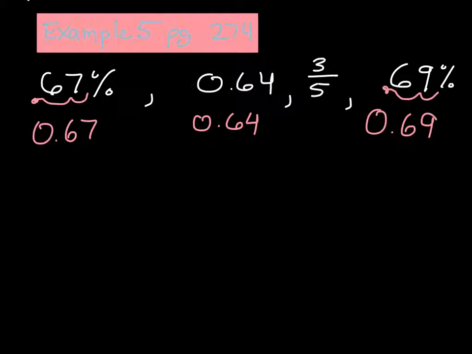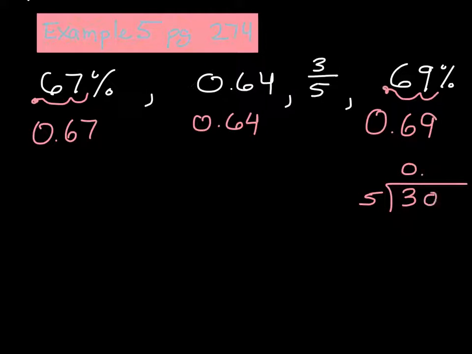So now we're left with our 3/5. To turn 3/5 into a decimal, we just have to divide it out. So we're going to say 3 divided by 5. But 5 doesn't go into 3, so we have to put a decimal. Put 0, because our number is less than 1.